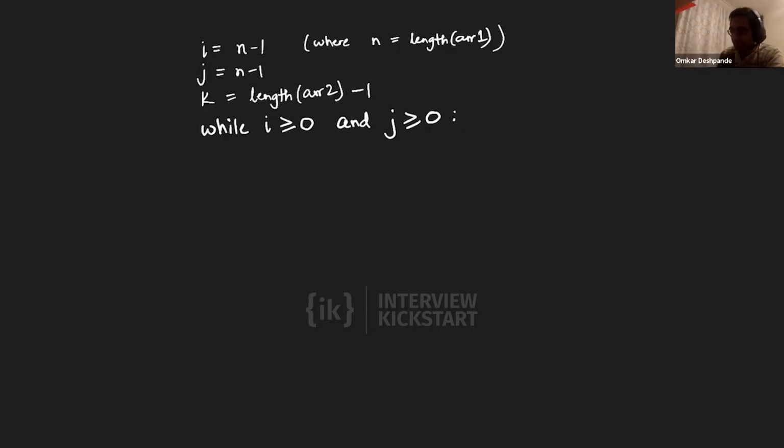So if arr1 of i is less than or equal to arr2 of j, that means the number in the second array is bigger.